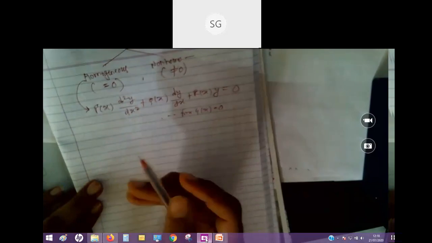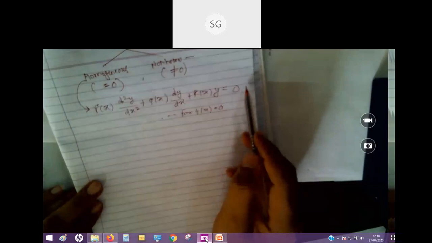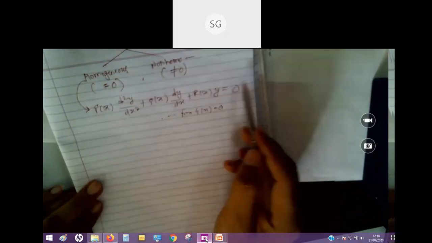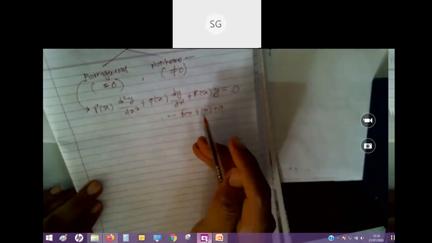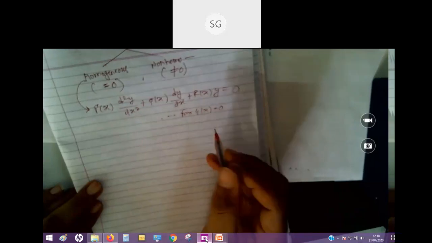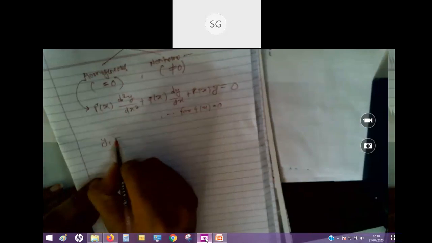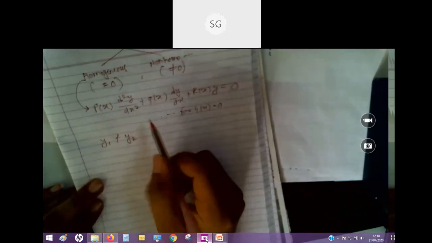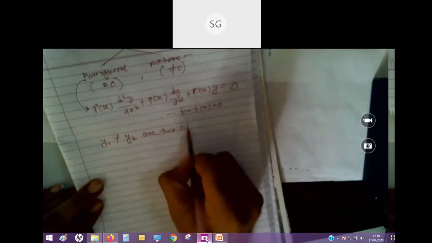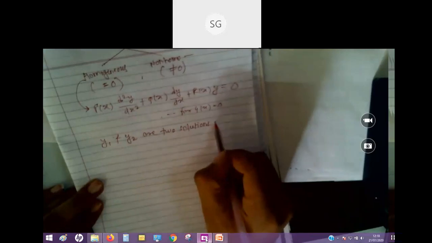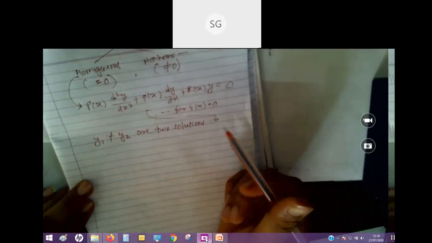The basic fact that enables us to solve such equations, please note that we are dealing with homogeneous second order linear differential equations, is this: let y1 and y2 be two solutions of a homogeneous second order linear differential equation.